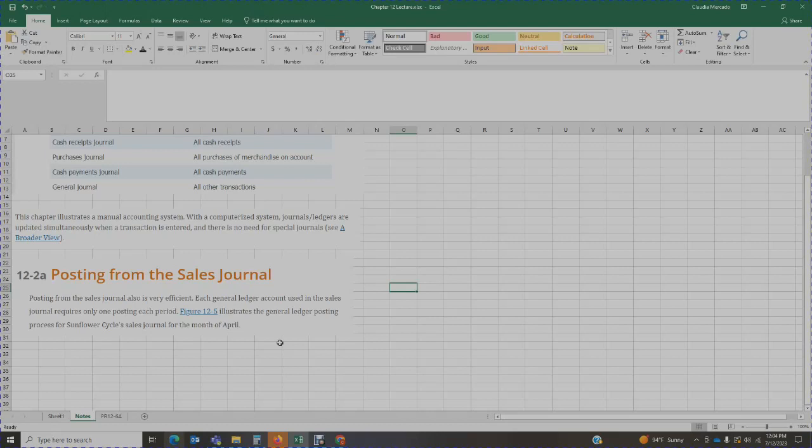It's going to save you a lot of time in posting from the journal to the ledgers. All of those transactions can be very time consuming, and if you're doing all of this manually, you run the risk of making a mistake. So this allows for less time, more efficiency, and fewer journal entries to record on the actual system.